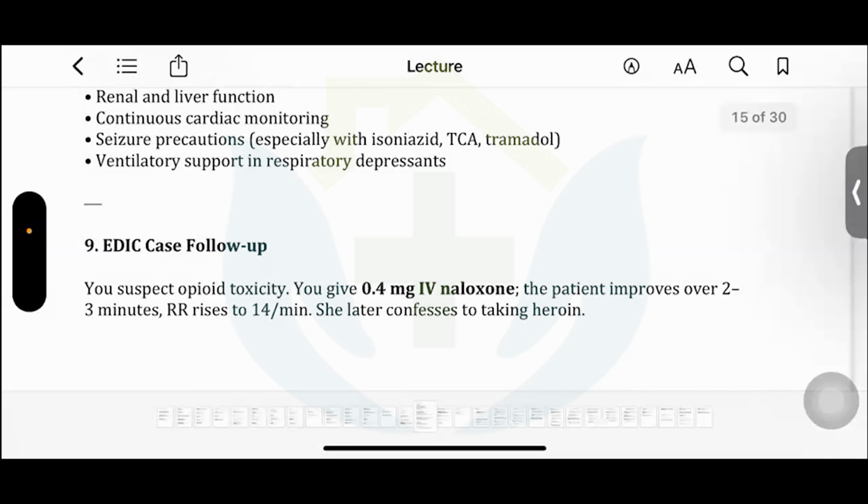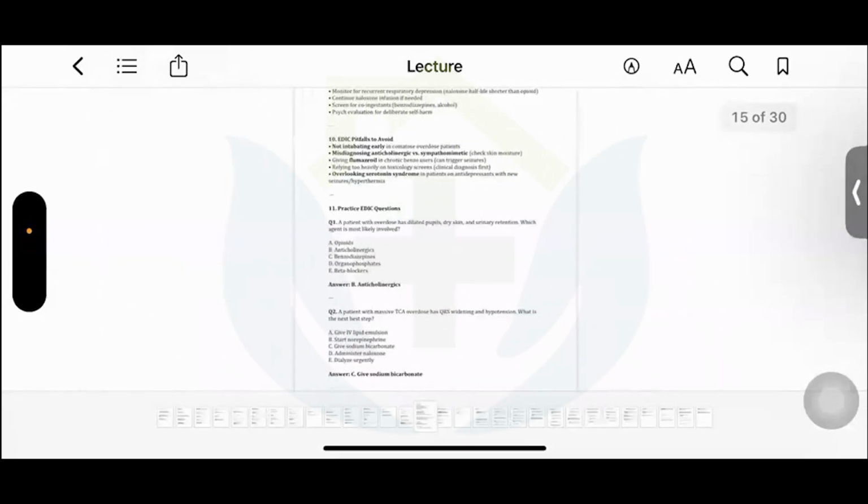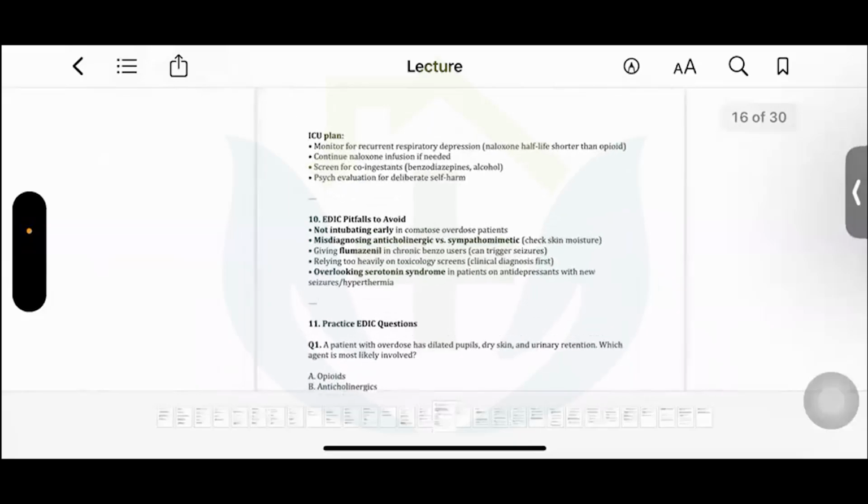If the respiratory rate is less than 10 or the patient is having gasping breathing, then you will immediately give a single shot of flumazenil. So the criterion to give flumazenil in benzodiazepine poisoning is always respiratory depression or impending cardiac arrest. Is that clear? So look for these things in the question.